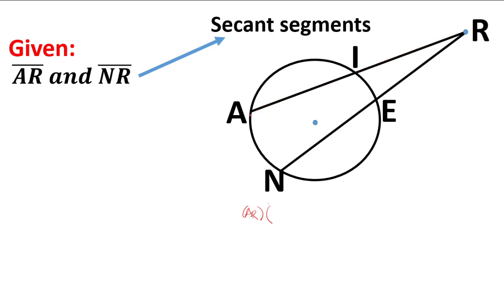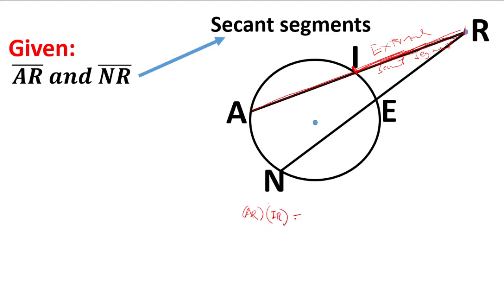Nasa na external, if you have AR as your secant segment, automatically, mula kay point I hanggang kay point R, this line here is called the external secant segment.